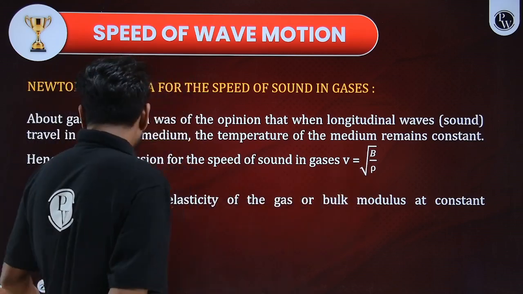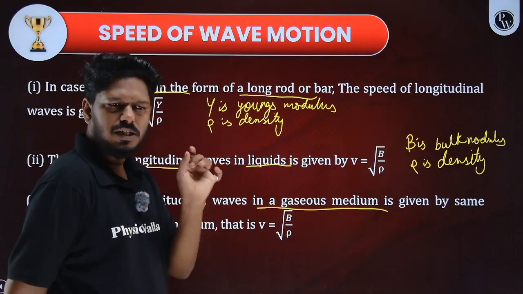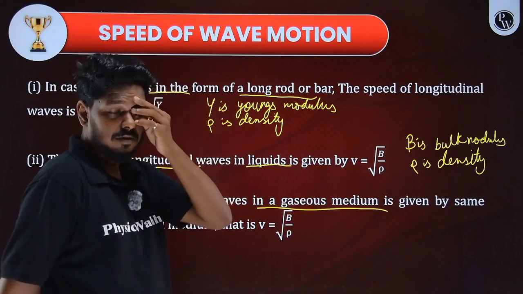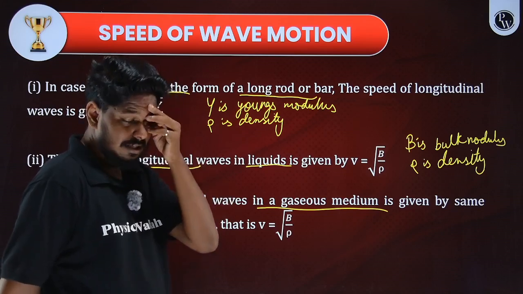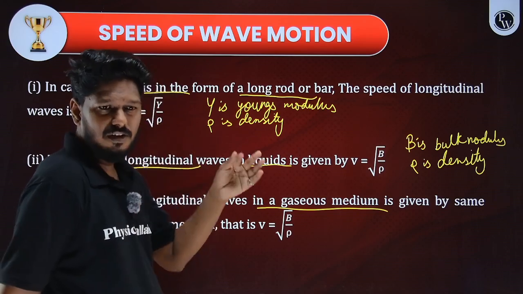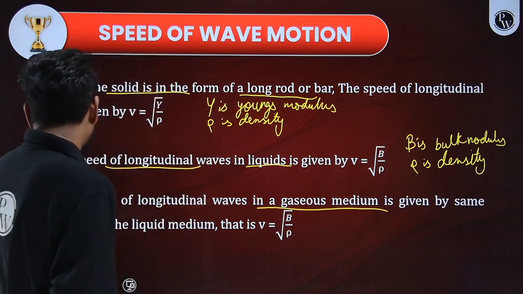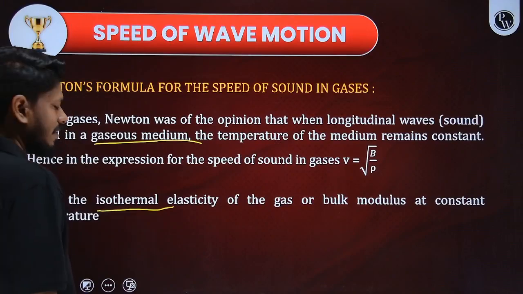Same formula we have already seen. Just write: speed of longitudinal wave is equal to this much, speed of transverse wave is equal to this much. Speed of longitudinal wave in solid, liquid and gas, everywhere we are going to have some modulus of elasticity divided by density. Remember this. So he came up with the formula V is equal to root of B divided by rho.